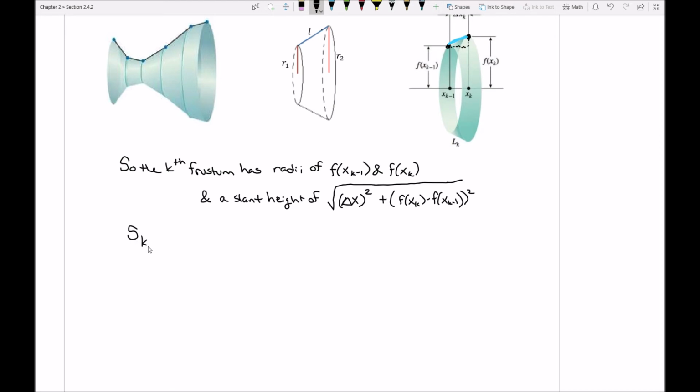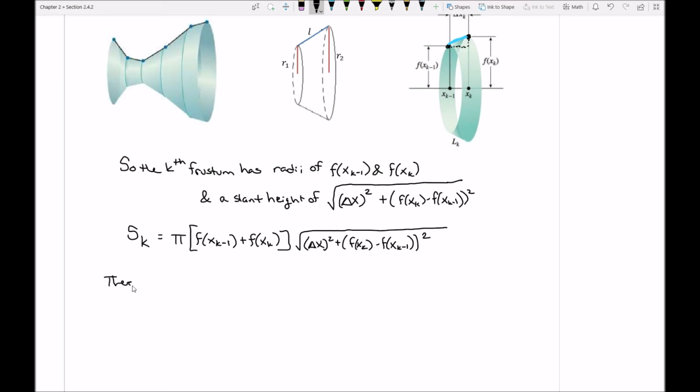I know that S sub k, the surface area for the kth frustum, would be given by pi times f of x sub k minus 1 plus f of x sub k, and then times this giant radical, which has delta x being squared, and my f of x sub k minus my f of x sub k minus 1, all squared. So this is a formula for the surface area of the kth frustum.